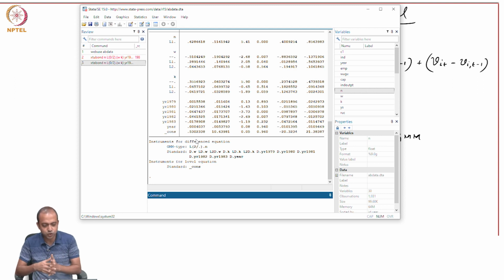So, 28 instruments are GMM type and 12 instruments are standard type, total 40 instruments that we were getting in Arellano-Bond difference GMM.